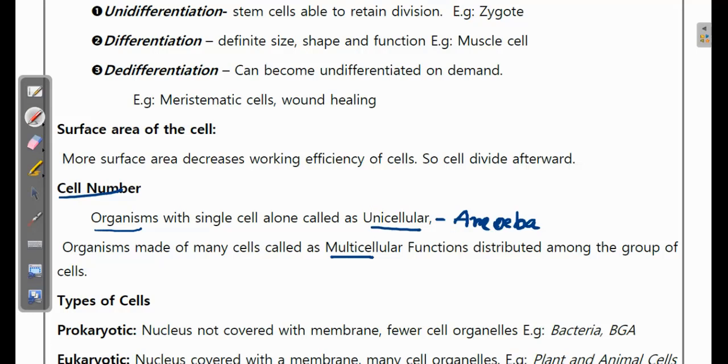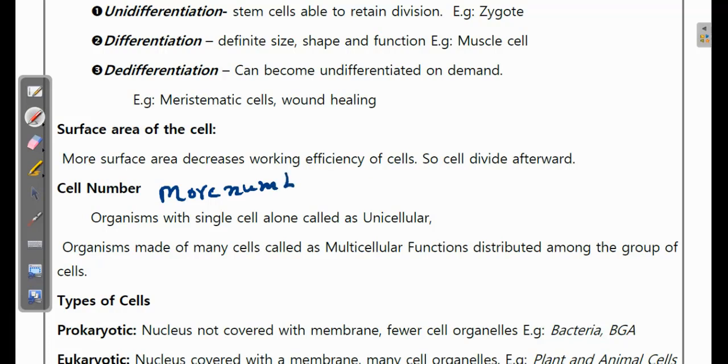They ask you something like this: the cell size of an elephant is big, that's why it is big. But it's not. Whenever you say something is big, it is supposed to have a greater number of cells.